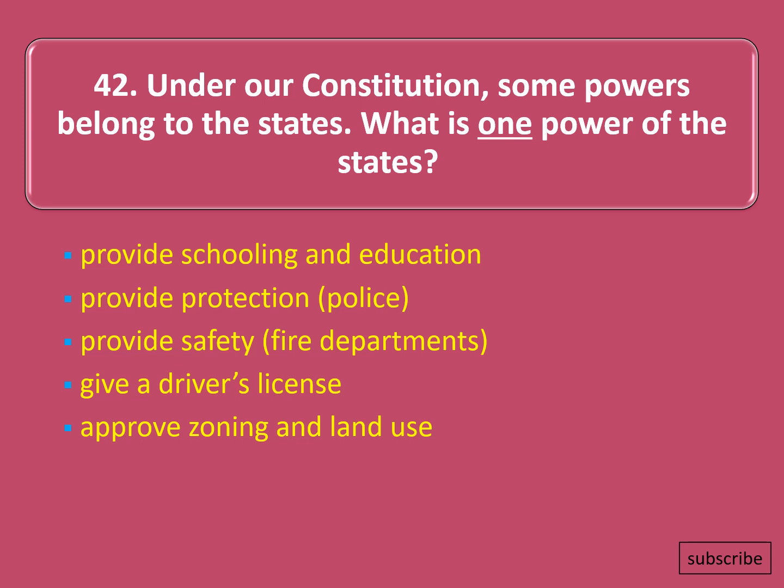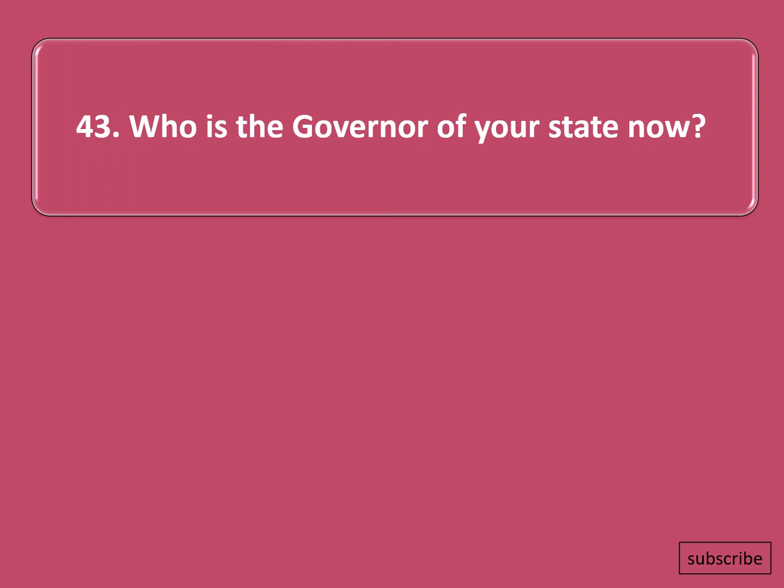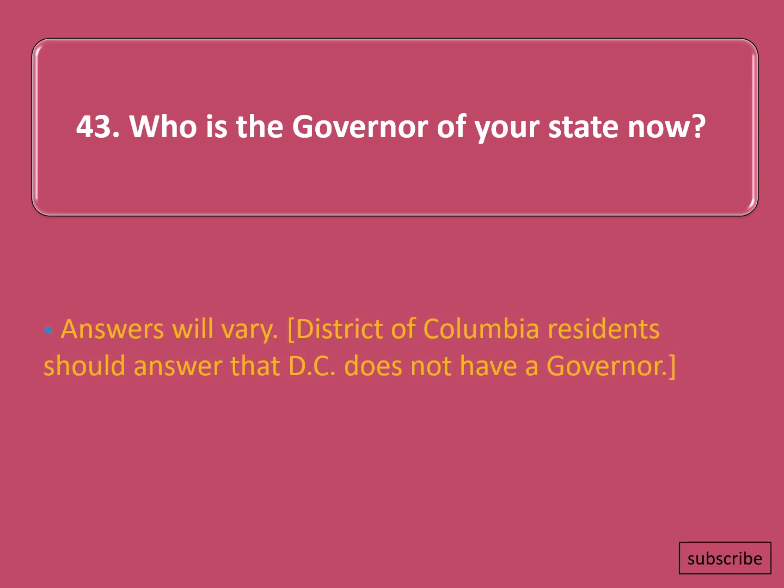Provide schooling and education. Provide protection. Police. Provide safety, fire departments. Give a driver's license. Approve zoning and land use. Who is the governor of your state now? Answers will vary. District of Columbia residents should answer that D.C. does not have a governor.